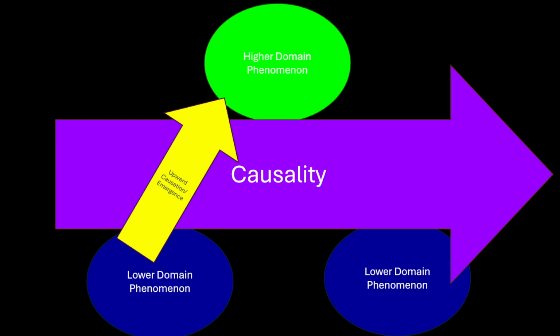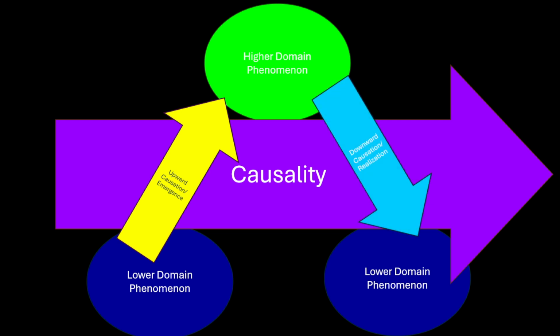So what we're showing here is how a low-level domain, so for instance, the fundamental particles, can give rise to a higher-level domain. So for example, particles giving rise to an atom. And then what we're saying is that it's possible for this higher level domain to have new properties that can influence its own constituents.